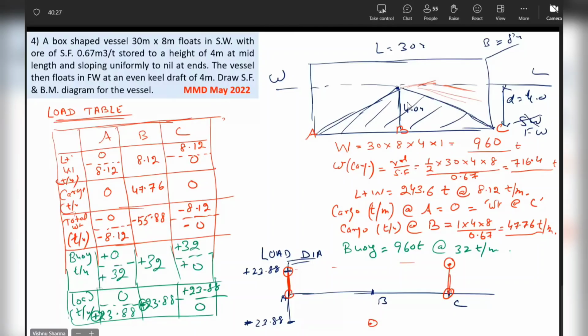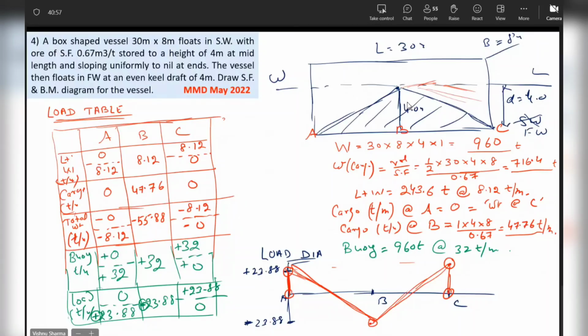Guys, have you understood what I have said, or do you have any clarifications to seek? So from plus 23.88 to minus 23.88 we'll join with a straight line. It's a straight line with a scale, guys. Likewise, we'll join this one with a straight line, and this becomes my load diagram.